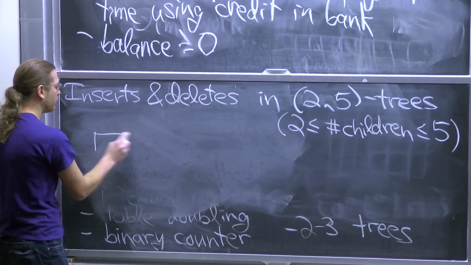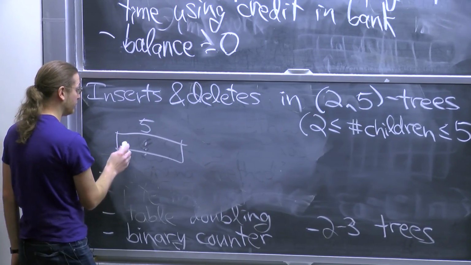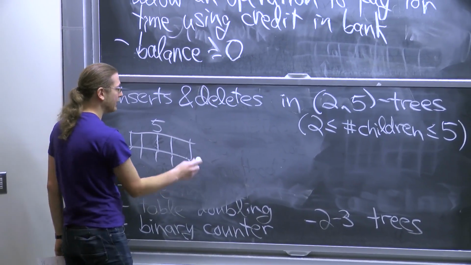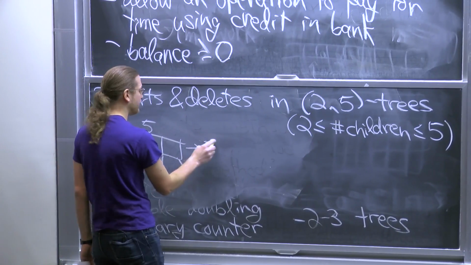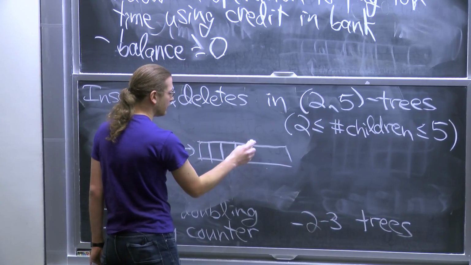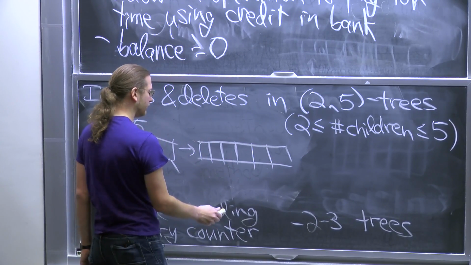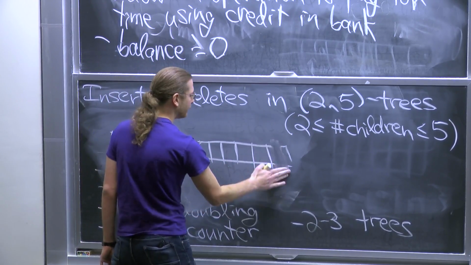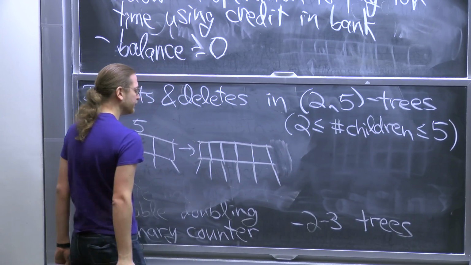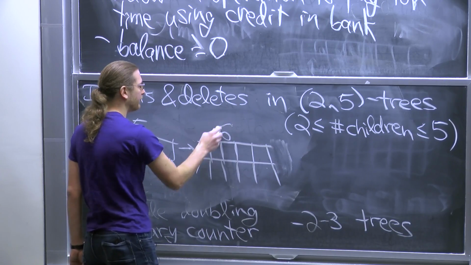So if I started with a 5 node, which means it has 4 keys, and then I insert into it, I get a 6 node. That's too many. 6 children. OK, that's too much.